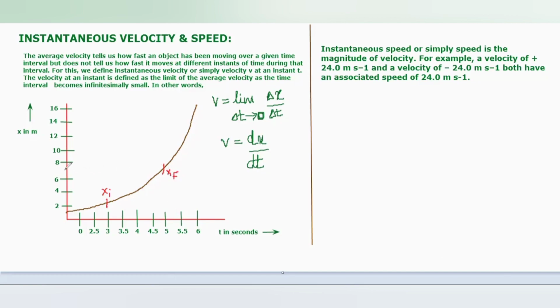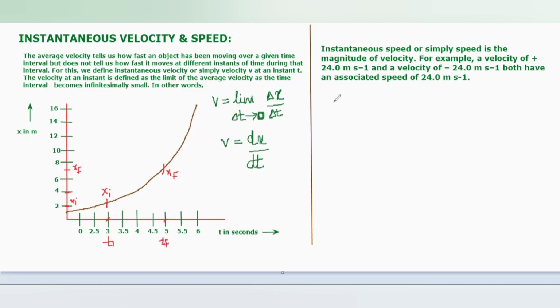So the corresponding values from the graph are approximately 7 for the final position and approximately 2 for the initial position. This is the t initial, and this one is 5, that is the t final.